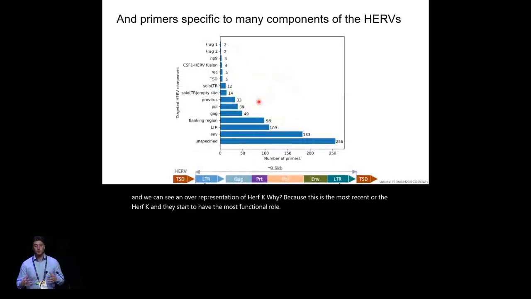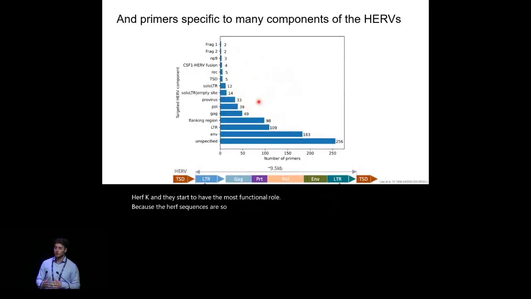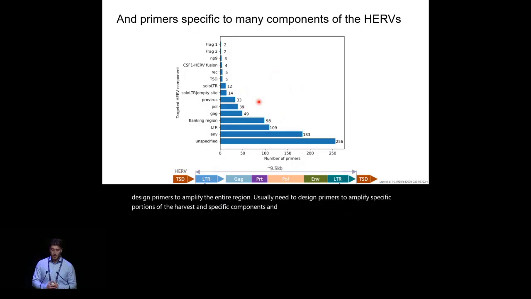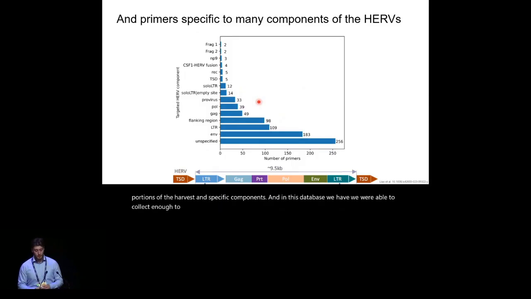Because the HERV sequences are so long, around 10,000 nucleotides, you cannot design primers to amplify the entire region. You usually need to design primers to amplify specific portions and components of the HERVs. In this database, we were able to collect enough primers to amplify different components of the HERVs.